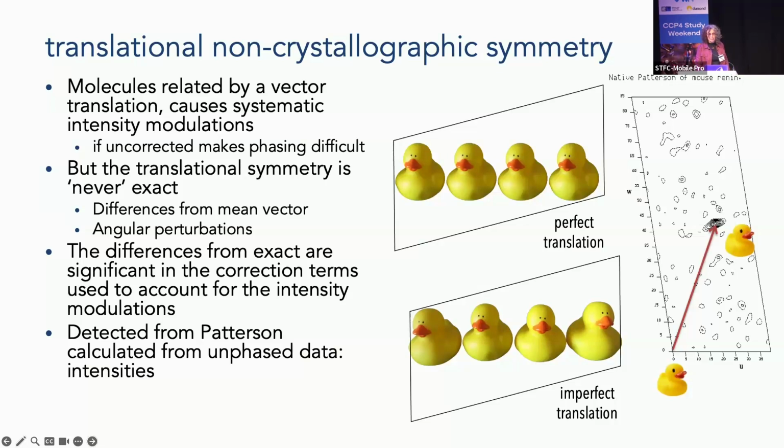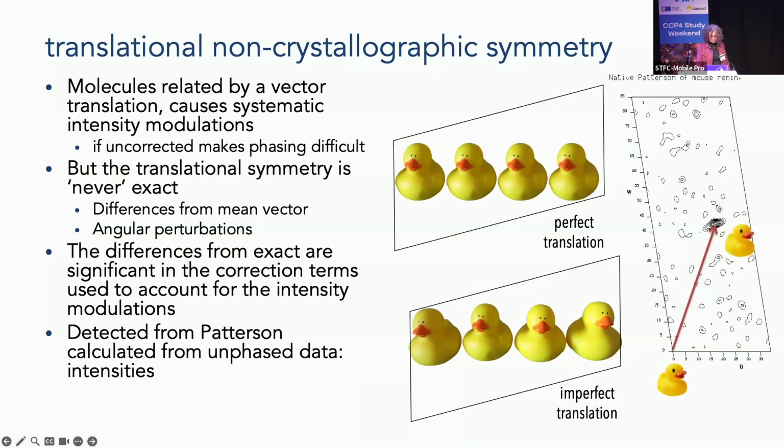And one of the aspects of Phaser is that it is able to do these corrections for the translational non-crystallographic symmetry intensity modulations. This symmetry is never exact. There's always differences in the mean vector and the angular perturbations between these components, and these need to be modeled and corrected for specifically. It is a significant aspect of the correction that these differences are modeled.